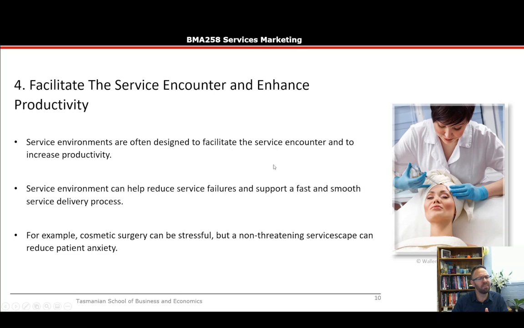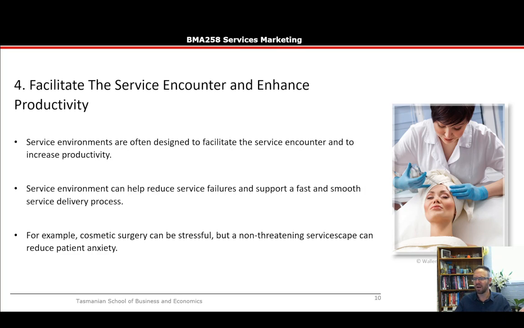Right, so number 4, this is the last functional role of the service environment: facilitate the service encounter, so it's a very functional part of it, and enhance productivity of our staff. So service environments are often designed to facilitate the service encounter and to increase productivity. A service environment can help reduce service failures and support a fast and smooth delivery process.